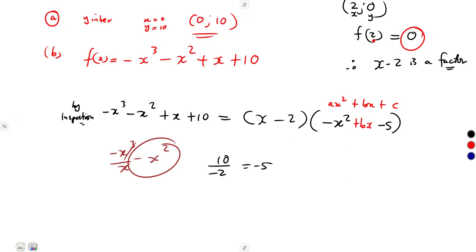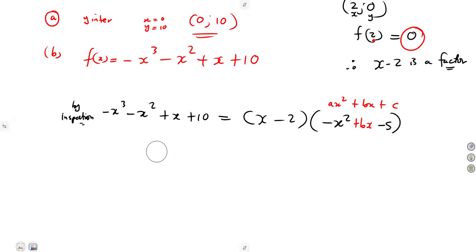So this is our quadratic expression that we were going to obtain, but we need to find the value of b from the terms in x squared.